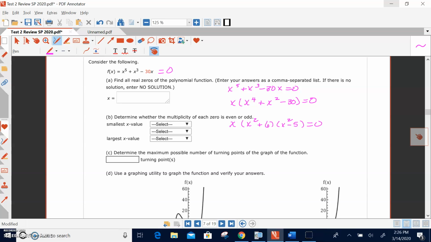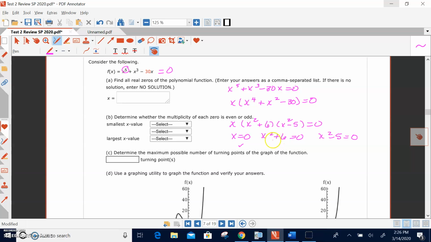Once you have it factored, you're going to set all your factors to 0: x equals 0, x squared plus 6 equals 0, x squared minus 5 equals 0. Remember, the degree of 5 tells me I'm looking for 5 zeros. Here's one of them right there. 2 will come from this quadratic, 2 will come from that quadratic.